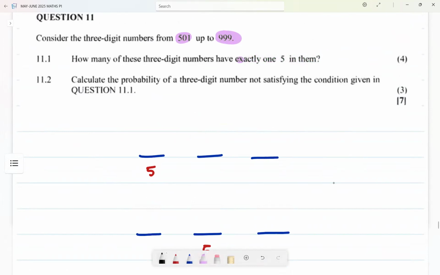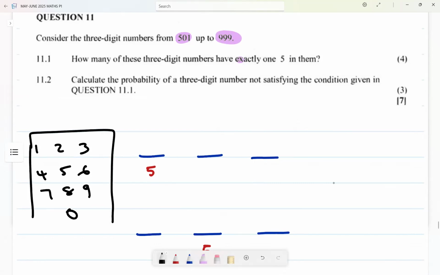So if I have the digits 1, 2, 3, 4, 5, 6, 7, 8, 9, and 0, these are the 10 digits that I have, right? Now for this one, I can have any digit except for 5.